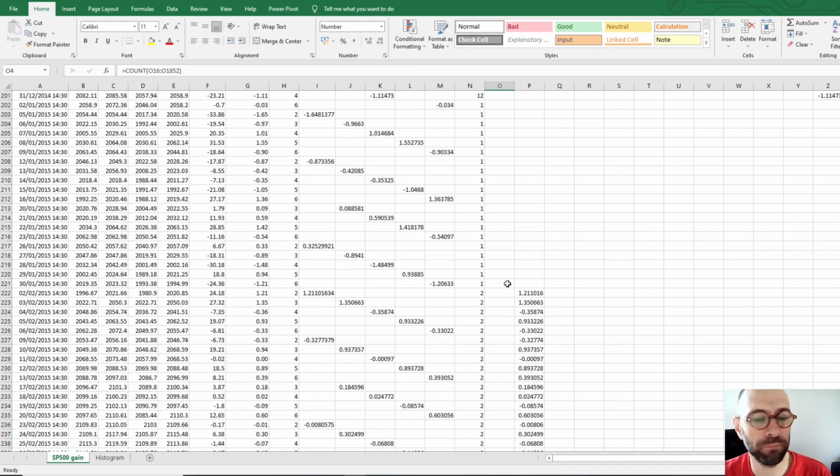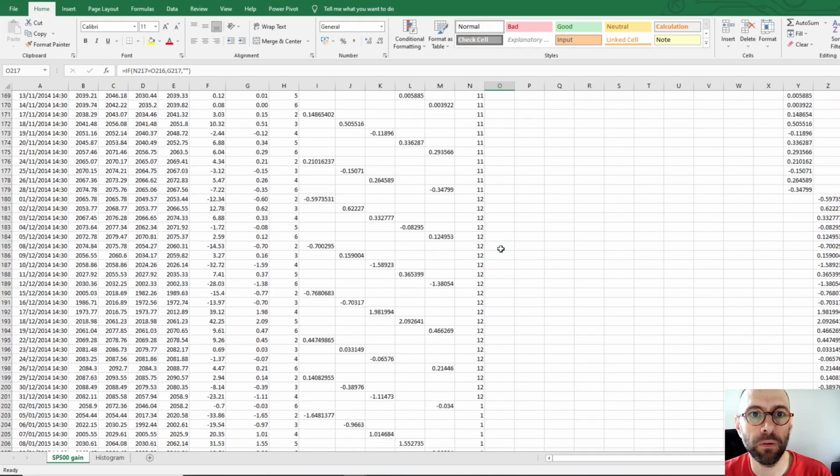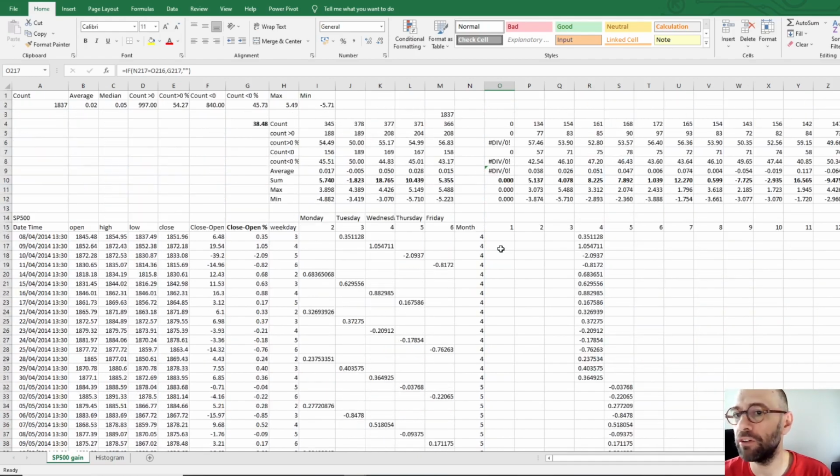Okay, oh, there's a typo here on this formula. I forgot to lock down the 15 here. So 015. No, I did. So why is it not? It was before. So there you go. So there we go. We have the data there.